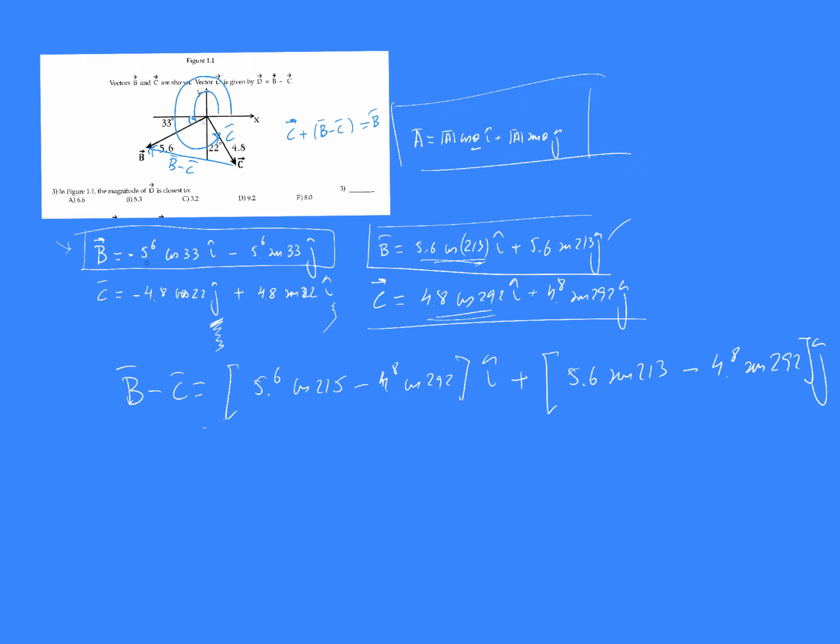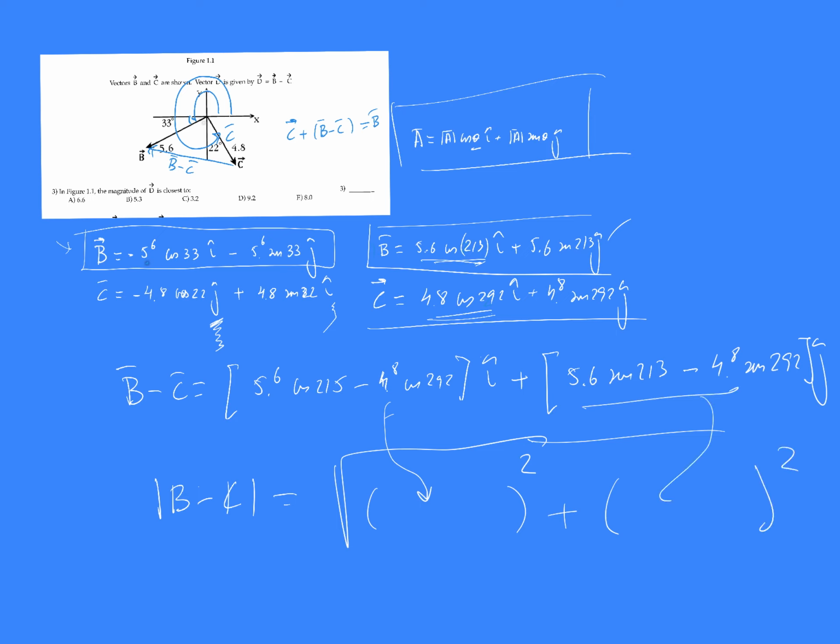So I have a vector. And what is the magnitude of v minus c? The magnitude of any vector is the square root of the x component squared plus the y component squared.